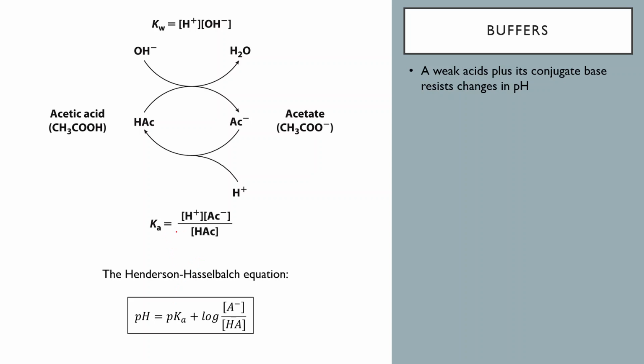So if you just take the negative log of both sides, then you've got negative log of Ka is just pKa, and negative log of proton concentration is just pH, and then you have the negative log of the conjugate base over conjugate acid, and then just rearrange that in terms of pH. So at any given time, you can calculate pH given the concentration of your acid or base, and vice versa.